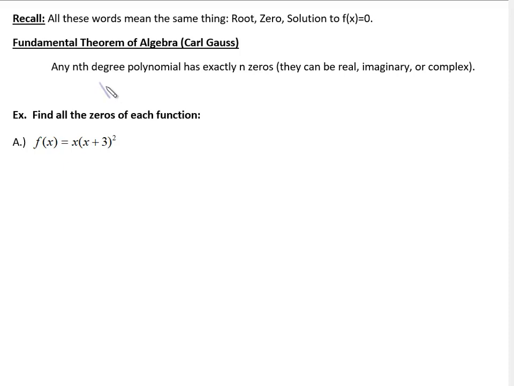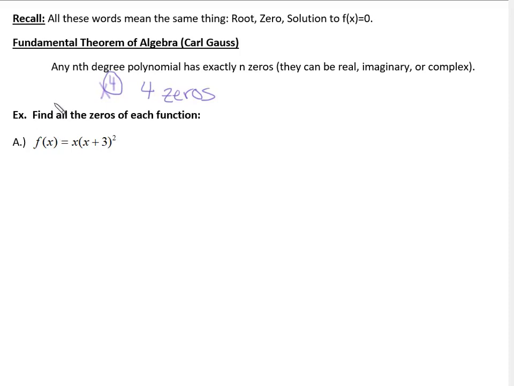If I've got some polynomial where x to the fourth is my largest degree, then we're going to have exactly 4 zeros. Not necessarily x-intercepts, because they can be imaginary, but there should be 4 zeros or solutions or roots when this function equals 0. So that highest degree tells us how many total zeros there are, and that does include repeats.